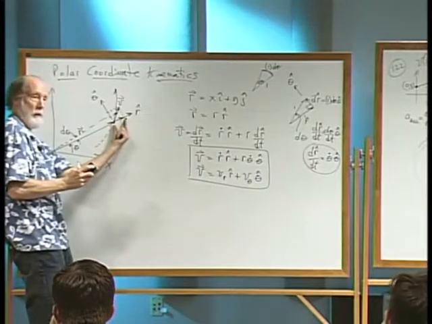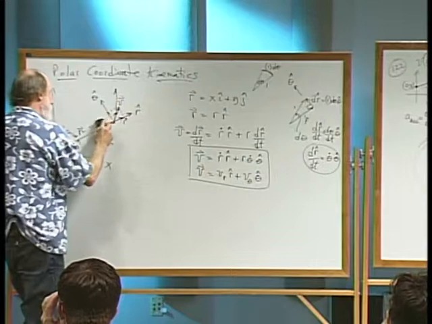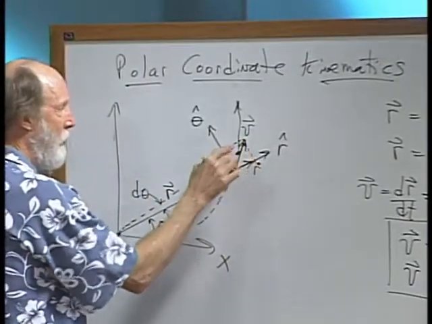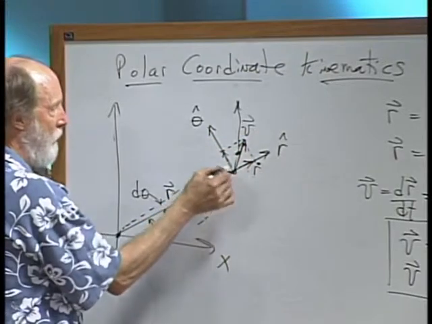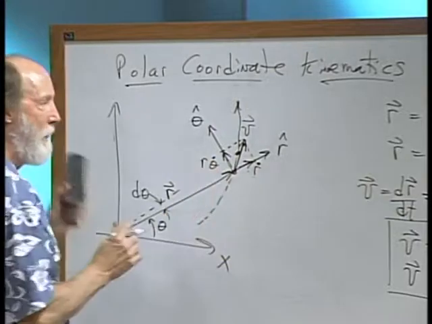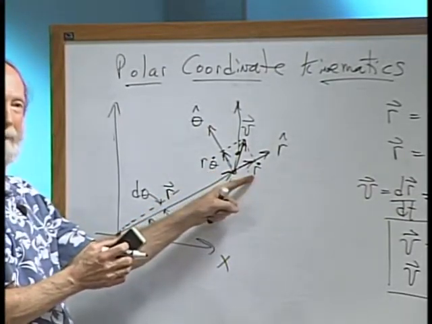And this component, you break the velocity into two orthogonal components, and here is your r theta dot term, perpendicular to r dot.